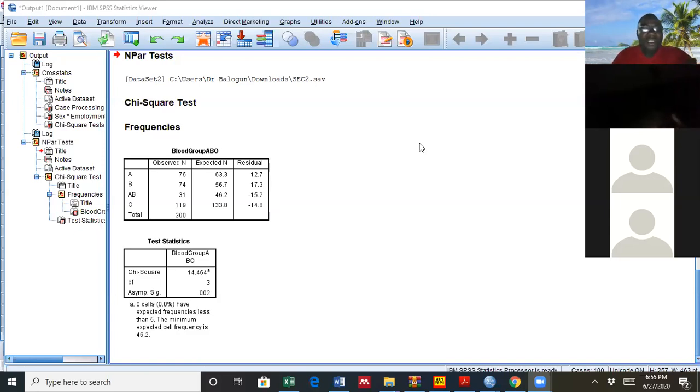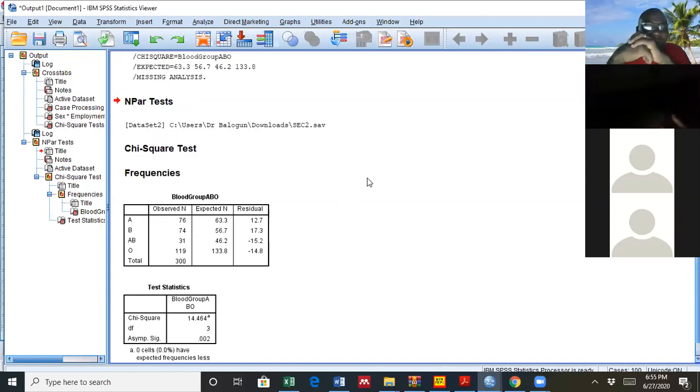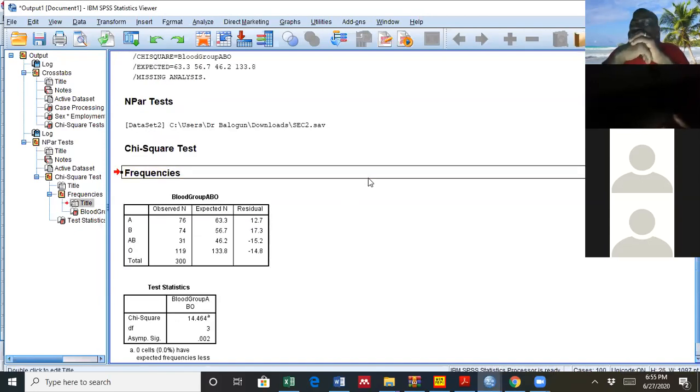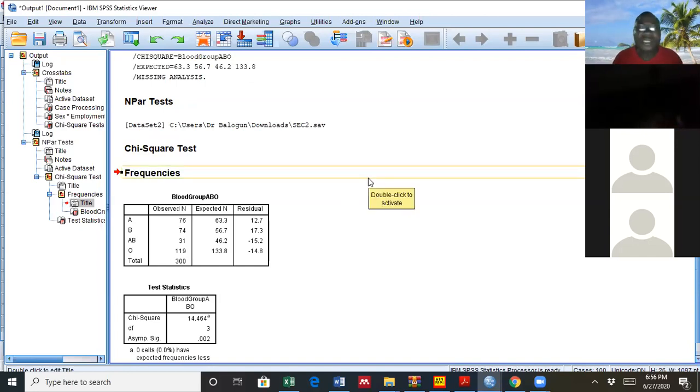So at the end of the day, the chi-square is 40.464, and the degree of freedom is 3, because the 4 categories minus 1 is 3. And the p-value is 0.02. It's significant. So there's a significant difference between this group and the one in the population. So you cannot say that group represents the population. That's what the result is showing us.